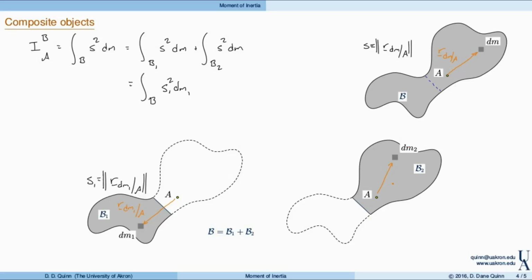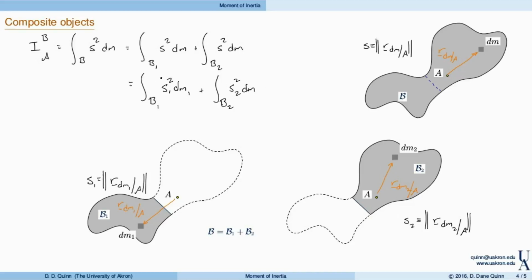I can do the same thing for body 2. So we'll define the vector from A to dm2 like so, and s2 is defined as this magnitude, then this second piece is simply the integral of s2 squared dm.